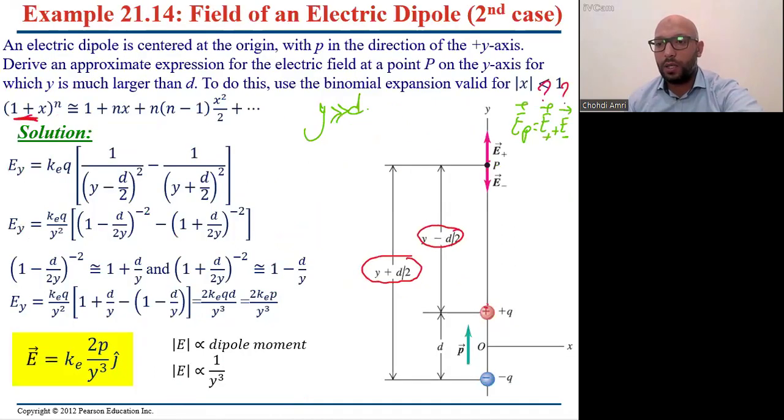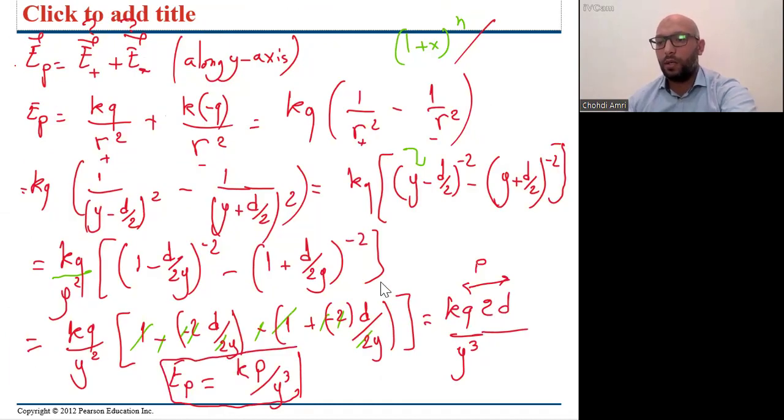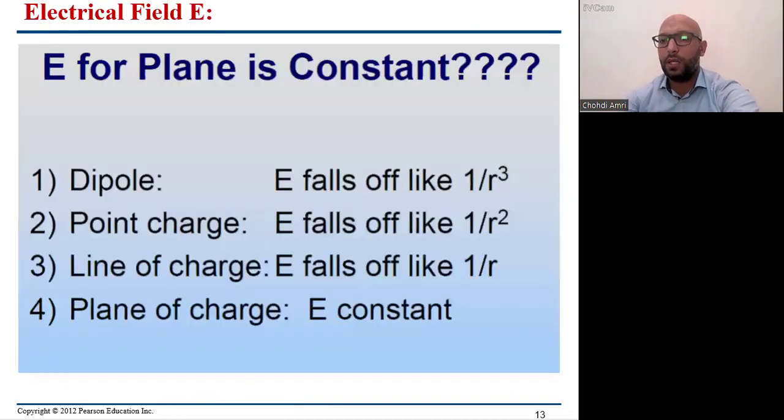And like that, we are done. Okay, so wait, it's not 2qd, let's write the 2 over here, and it will be multiplied by 2, because in our case P is qd, not q2d, qd only. Okay, and we are done.